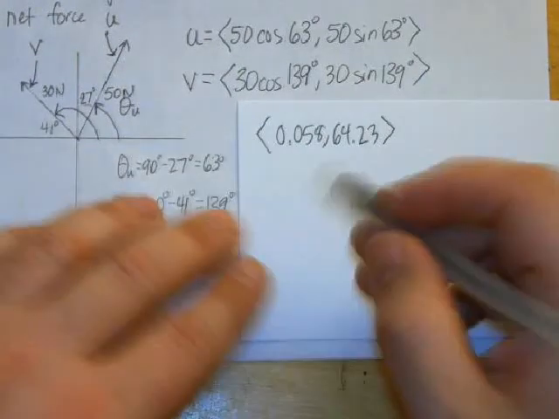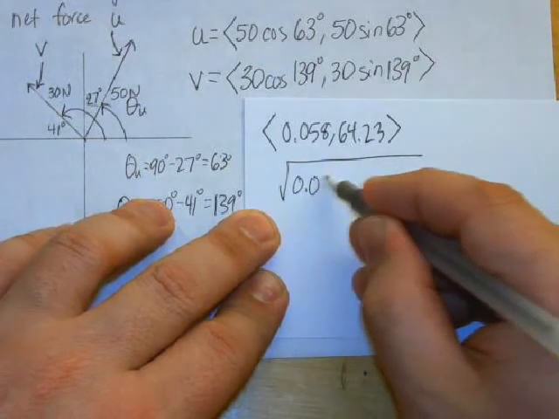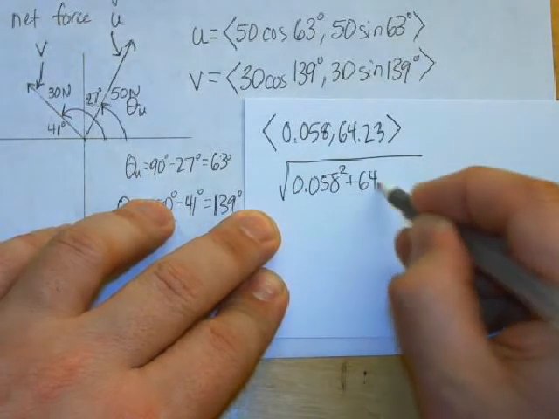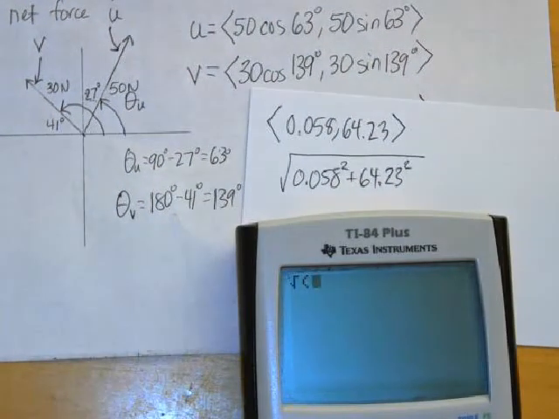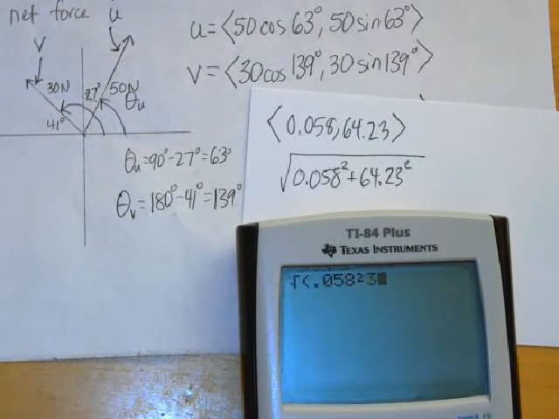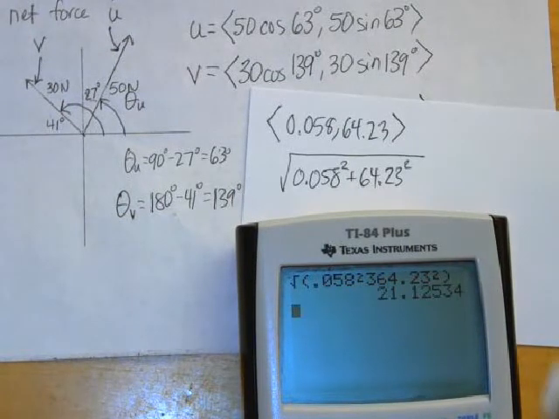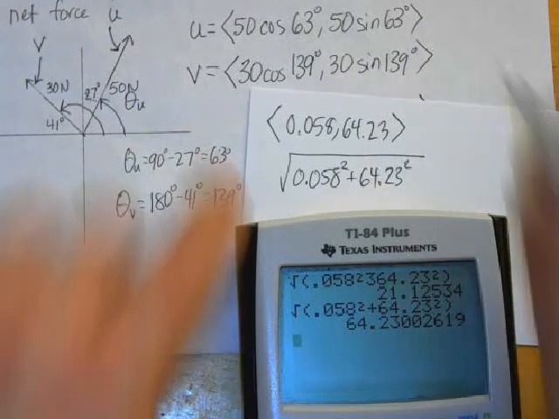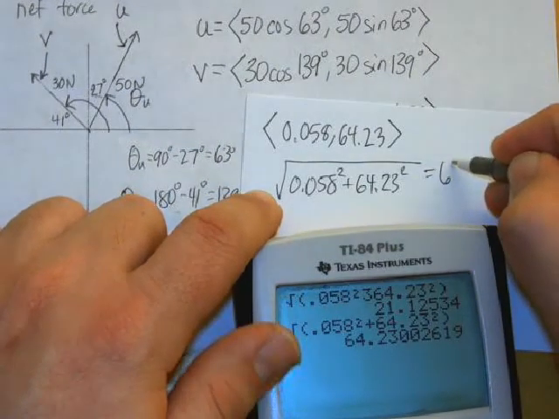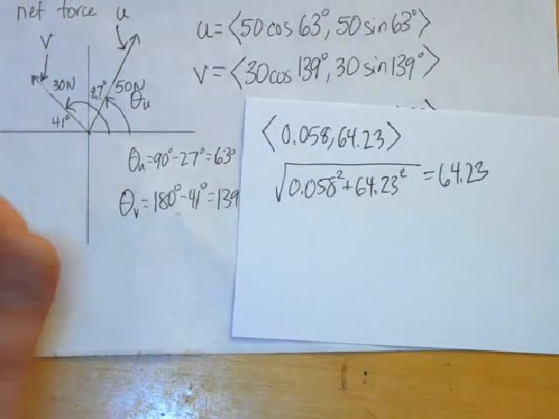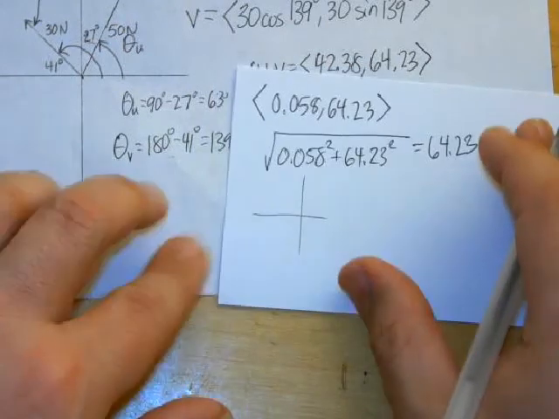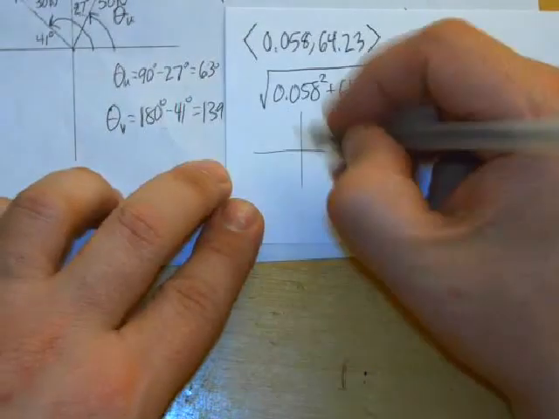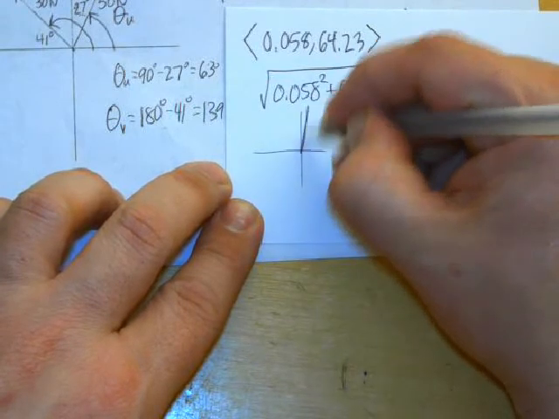So to find the magnitude, we'll go ahead and square both components, find the sum, and then take the square root of that. We get about 64.23. And then to find the angle, really we've got this very tall triangle right here.